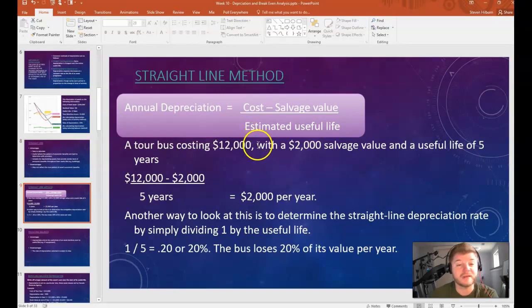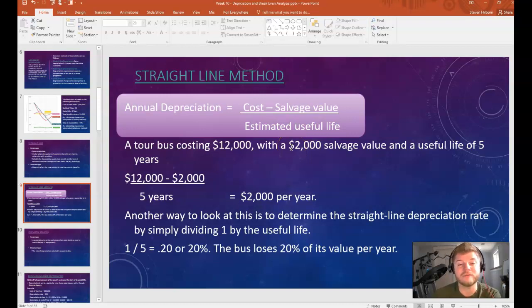It's a tour bus. It costs $12,000 with a $2,000 salvage value and a useful life of 5 years. So this is the straight line method of annual depreciation. Every year we want to find out how much to go down. We take our cost and subtract the salvage value. Although it costs us $12,000, $2,000 is what we expect to get out of it at the end of this.